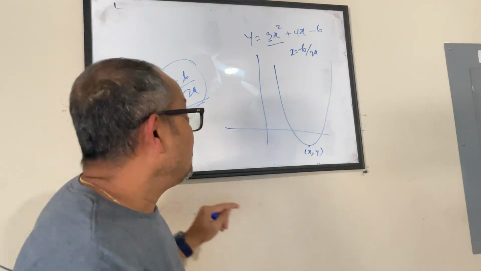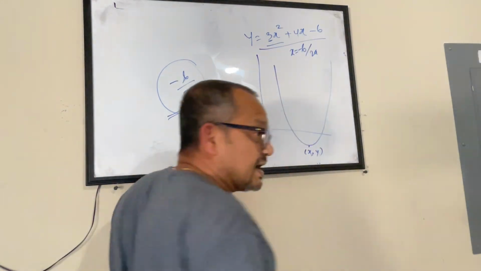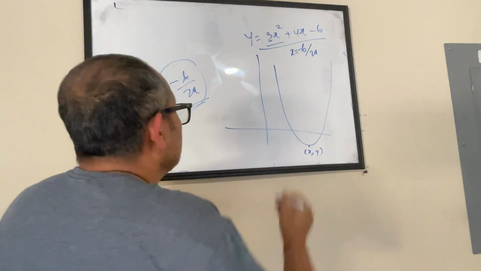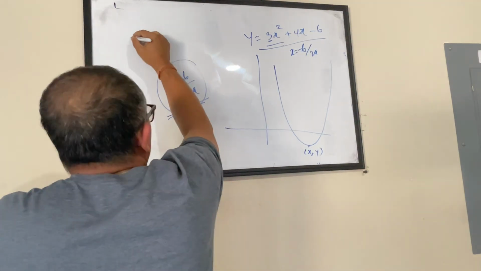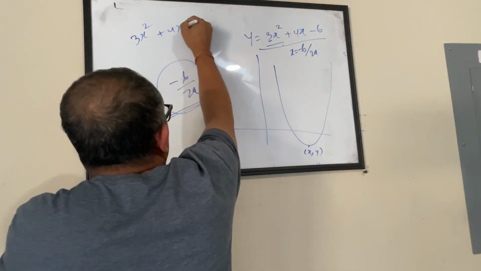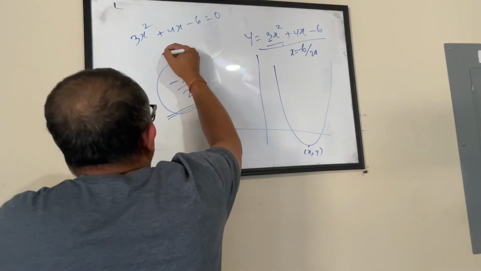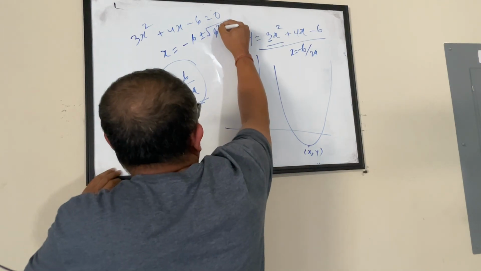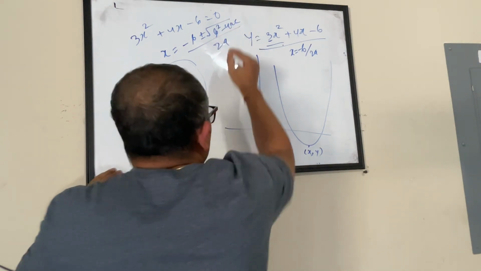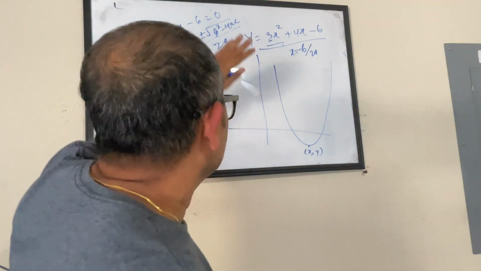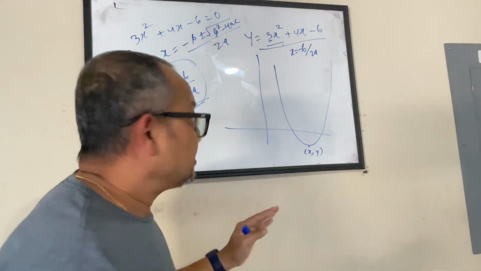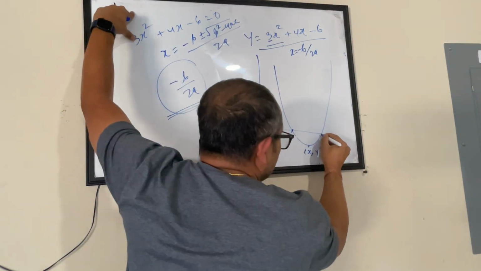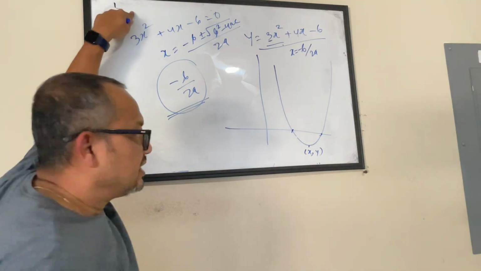Now, when I solve this, 3x squared plus 4x minus 6 equals 0, I get two possible values of x, minus b plus minus the square root of b squared minus 4ac, divided by 2a. This is something I'm hearing from you and Praneeth both, so I'm just trying to build a concept out of it. When I'm solving this for y equals 0, I'm essentially talking about these two points, where y is 0.